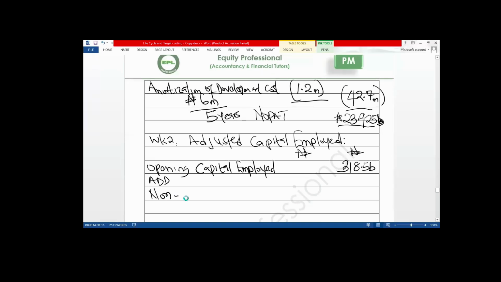Next, go and check. Do we have non-cash item? Yes, we do. 3.5 million. Also check, is there increase in provision? Look at that note. Provision for doubtful debts. Note number 3 or 4.